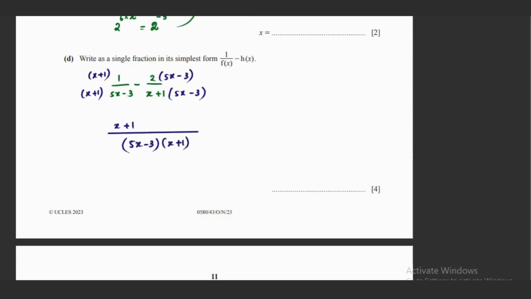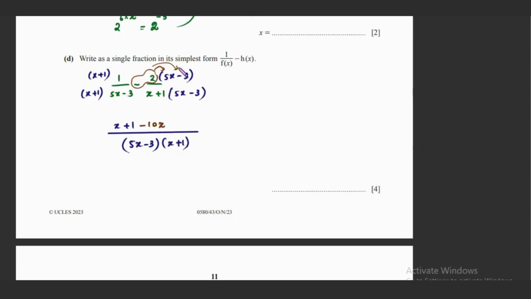And then here in the numerator, this is 2, but the 2 gets multiplied with this 5x minus 3 and is being subtracted. So I'm going to multiply directly with this minus 2. So when I do that, I get minus 2 times 5x, which is going to be minus 10x.